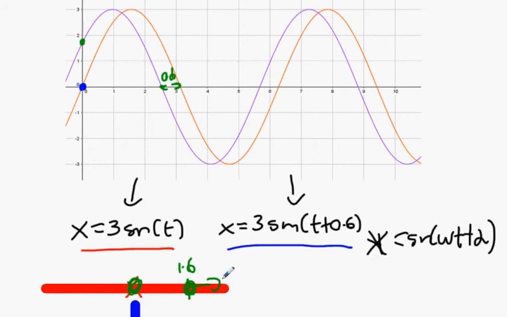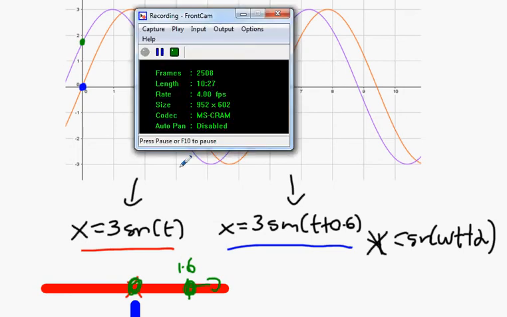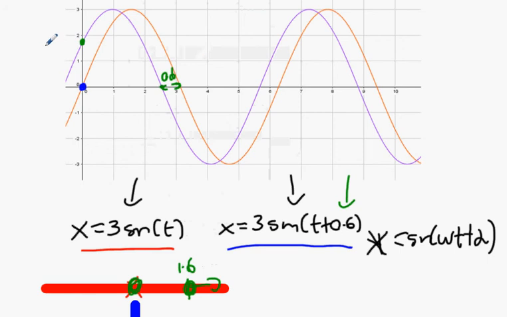Is that okay? Therefore, because the new location is a positive value of displacement, a positive x, your new starting position is positive 1.6 meters away from your old position of equilibrium. Is that okay?